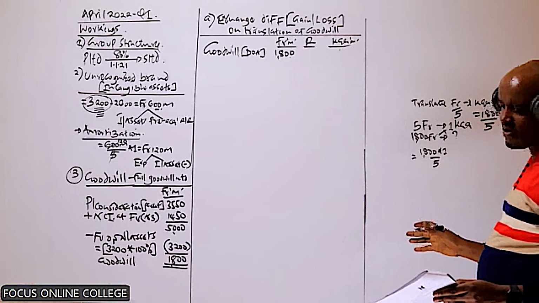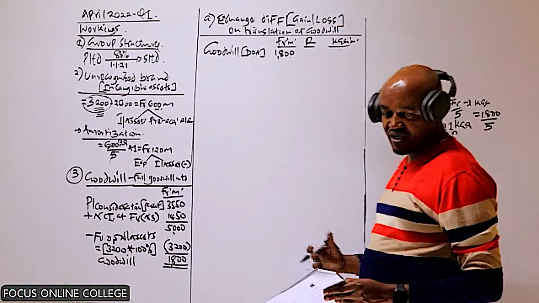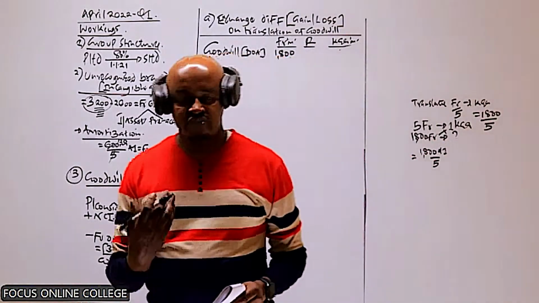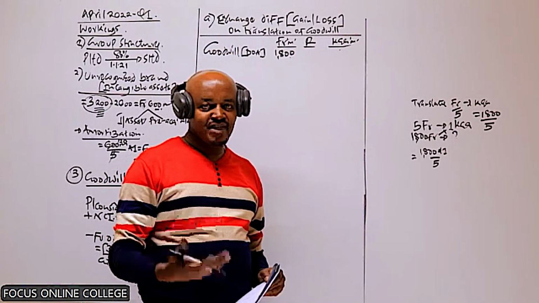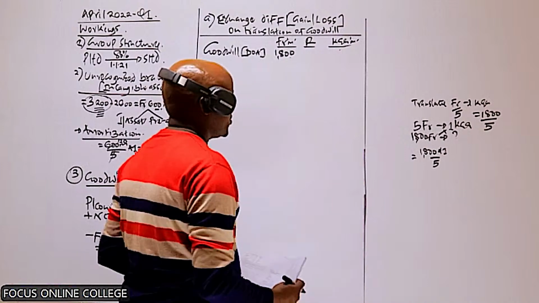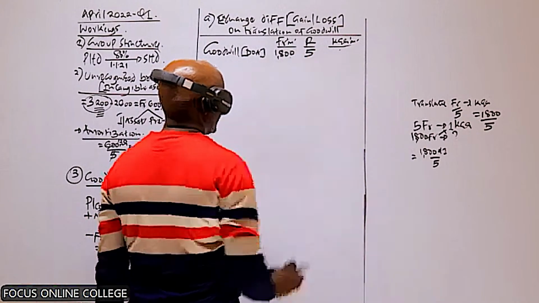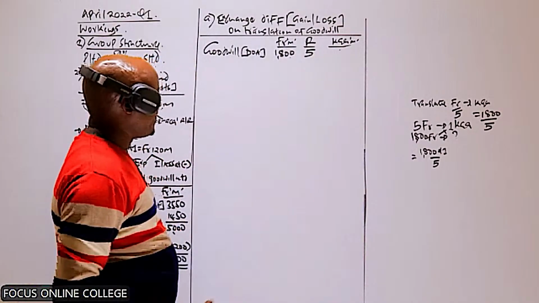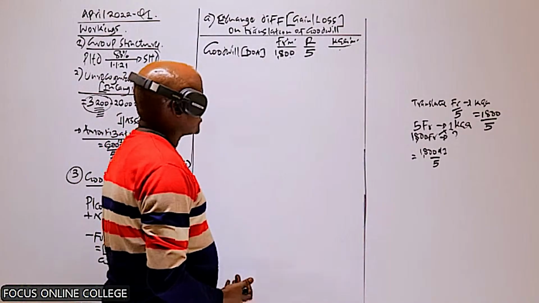If you know that now, it becomes much simpler, because you'll be taking all the figures in franc and dividing them by the respective exchange rate. So we take this divided by 5. That will give us what?